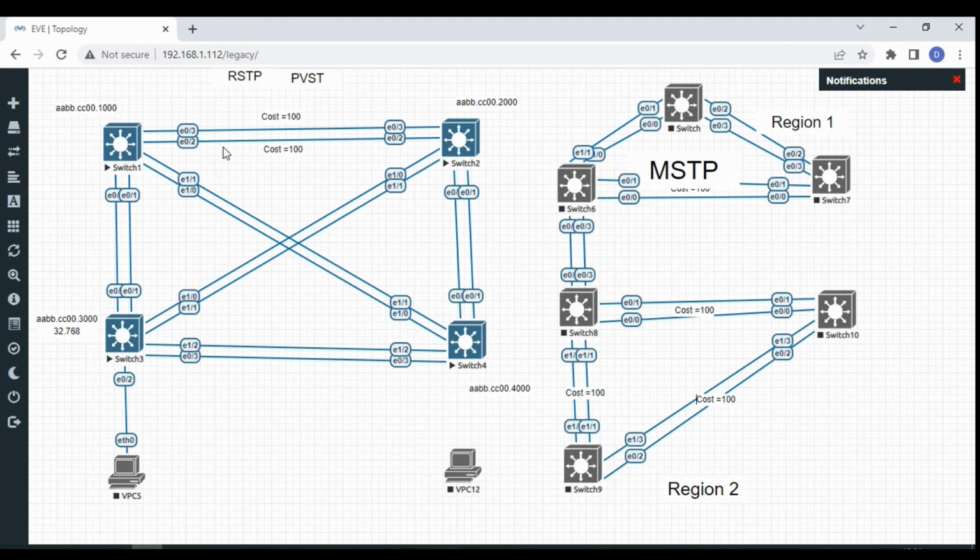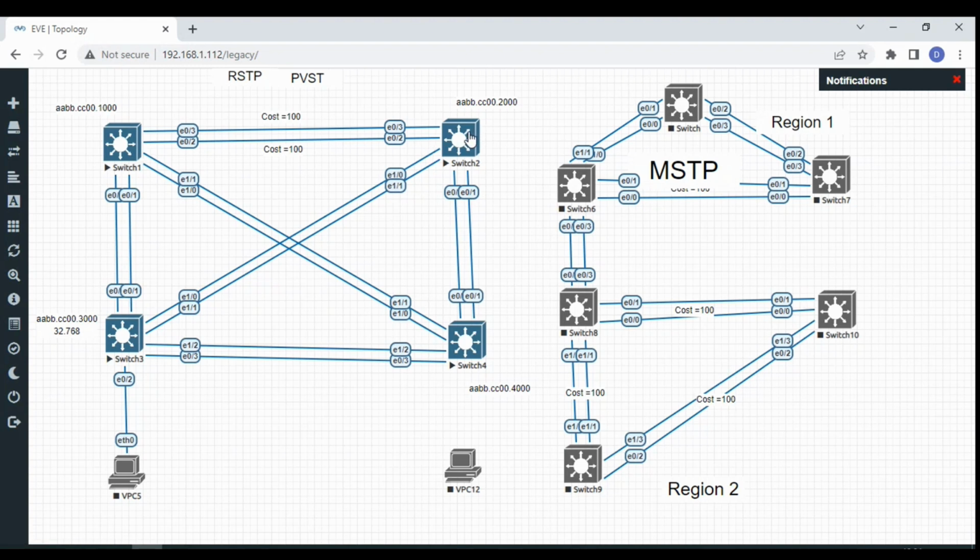To form a designated port, please listen carefully: the port on the segment that is connected to the switch with the lowest BID wins the designated port. If this port wants to become a designated port, it is connected to this switch, which should be the closest or lowest BID.